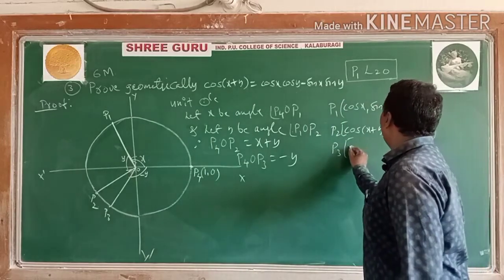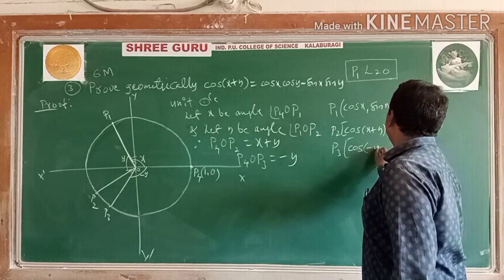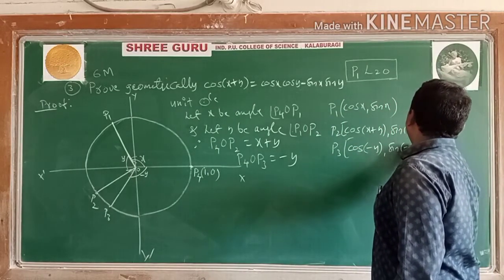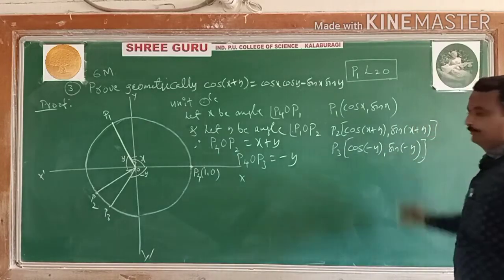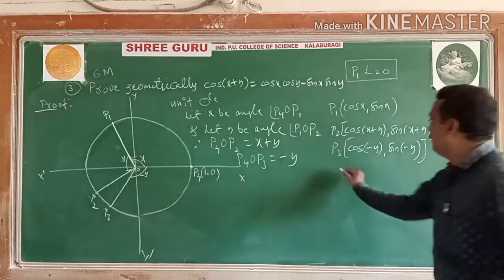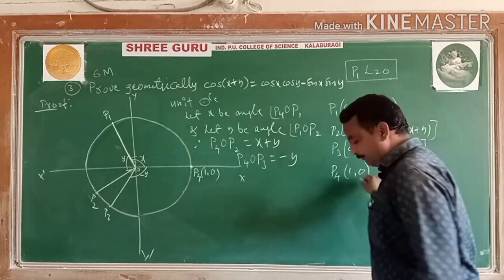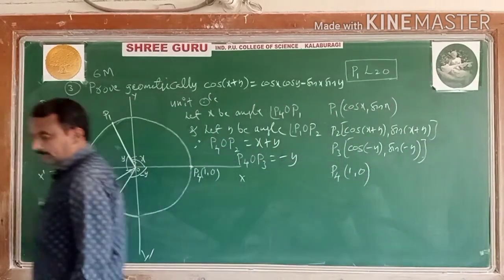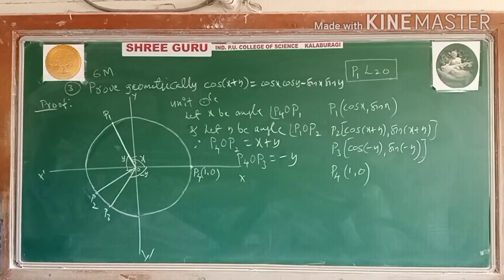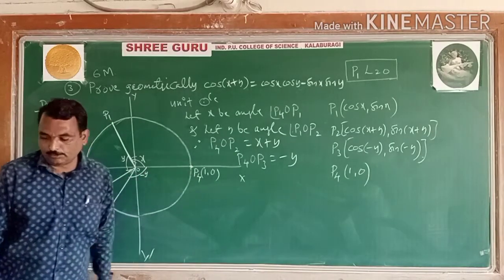So P3 is cos(minus y), sin(minus y). P4 is already 1, 0, because it is a unit circle and lies exactly on the x-axis. These are the four points we have marked on the circle.